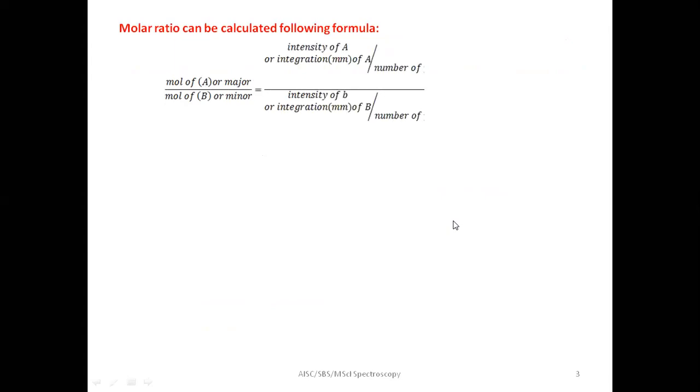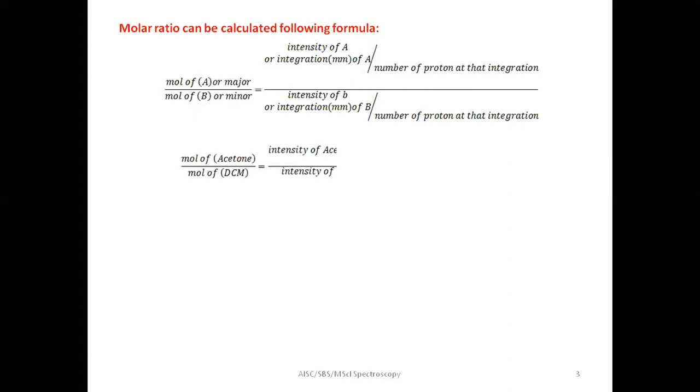The formula used for this is the moles of compound A or major product divided by moles of compound B or minor product, equal to the intensity of A, or integration given in mm of A, divided by the number of protons of that compound or particular peak, divided by the intensity of B, or integration in mm of B, divided by the number of protons of that peak considered for the calculation.